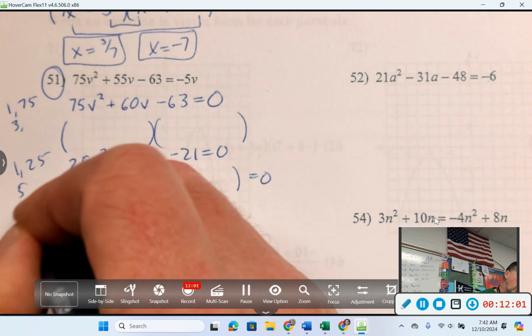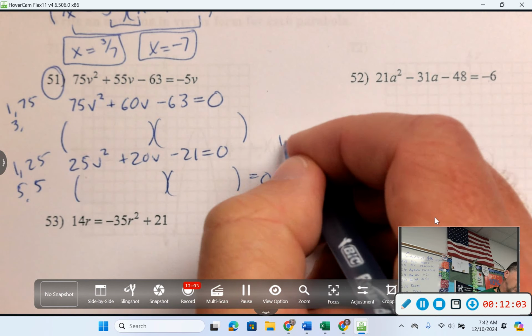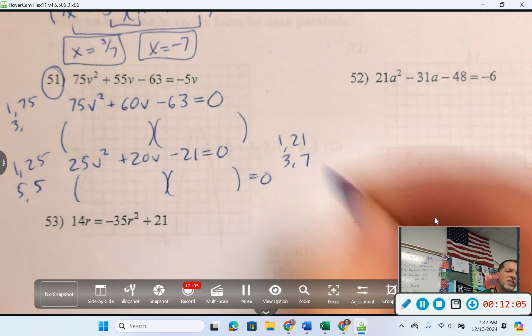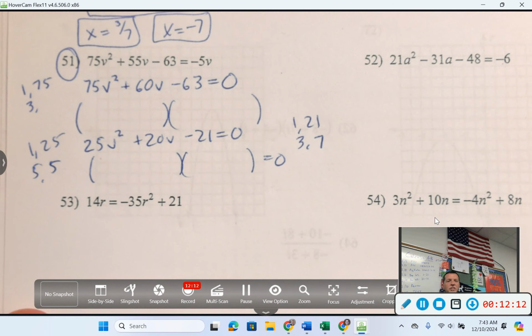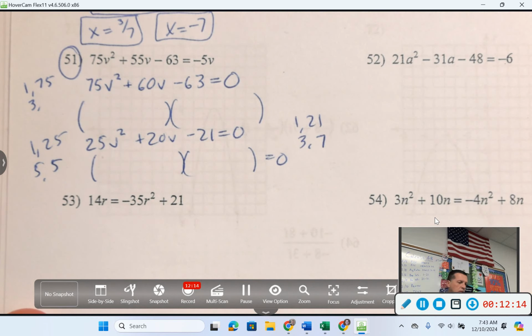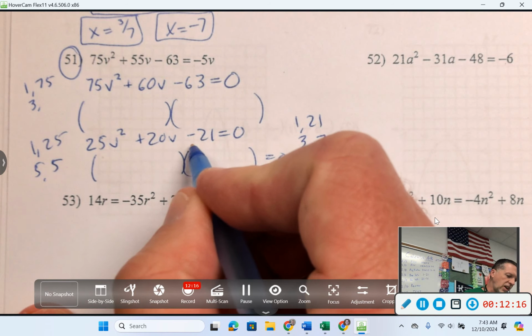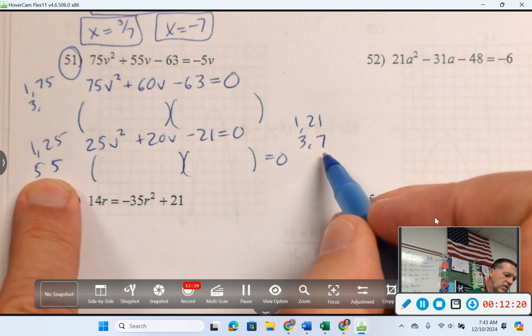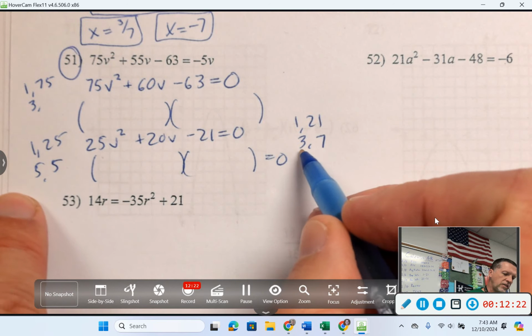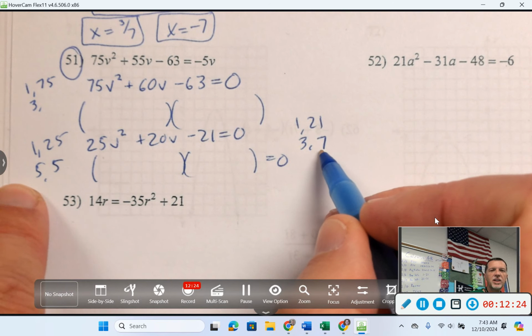1 and 25, 5 and 5, 1 and 21, 3 and 7. I have a pencil up here, so I'm going to have to think hard and get it right the first time here. Signs. They need to be different signs, so they'll subtract to 20. 35 and 15 would work. Yes.